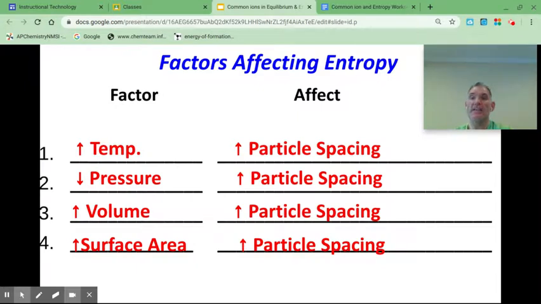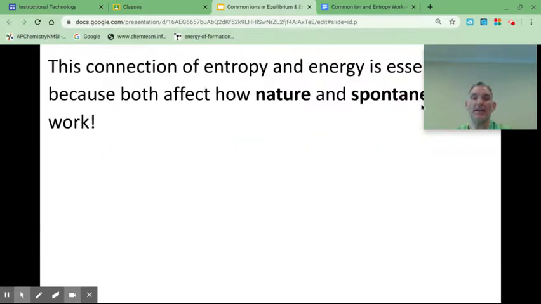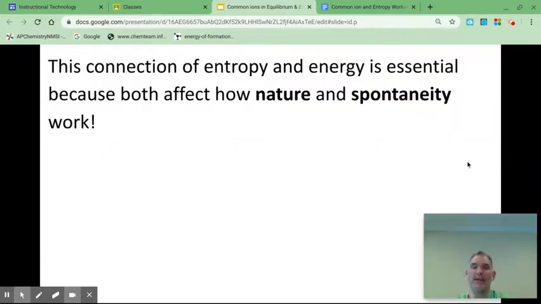Remember that in order for a reaction to occur, you have to have an effective collision. And we learned that if we increase the surface area, we get more effective collisions. What's the reason? Also here is entropy. The more particles I have that are able to move around, the more space they create in between them, increasing the actual entropy. So if I understand how this works, I can make a nature and energy and entropy connection.